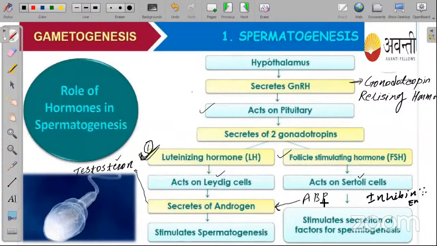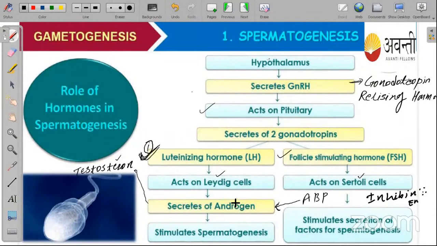We won't necessarily call it a hormone, but ABP is a hormone. The function of inhibin we will discuss in the next slide. So just remember the function of ABP here. ABP binds to the androgen, and it increases the speed of the development of testosterone.